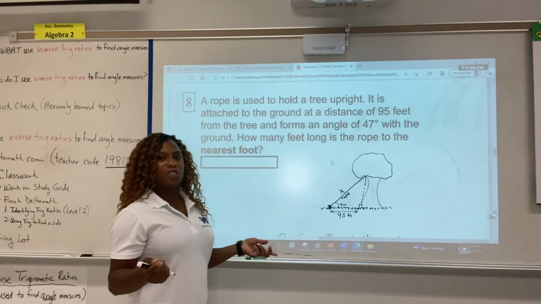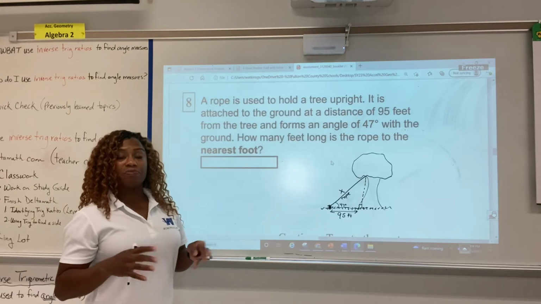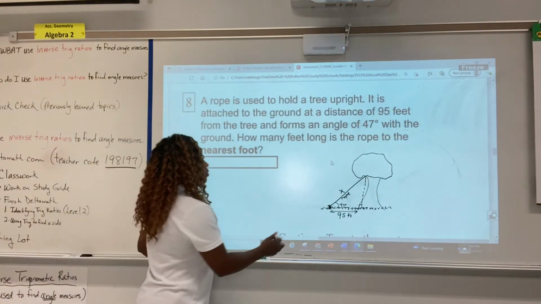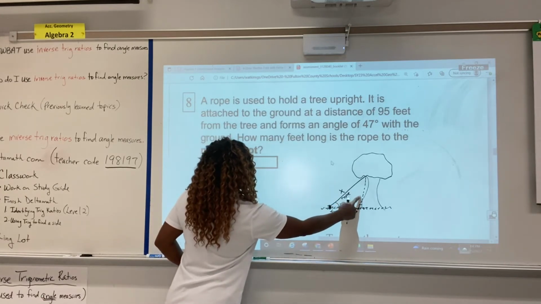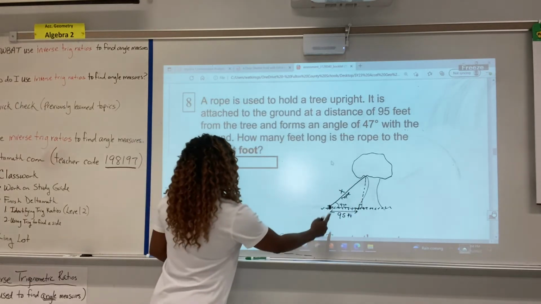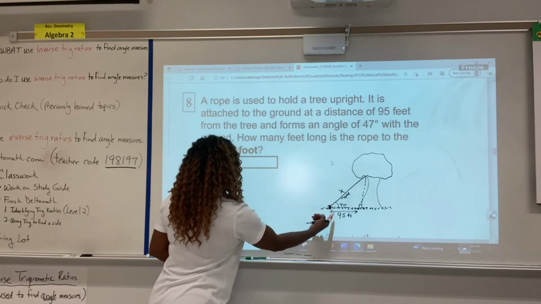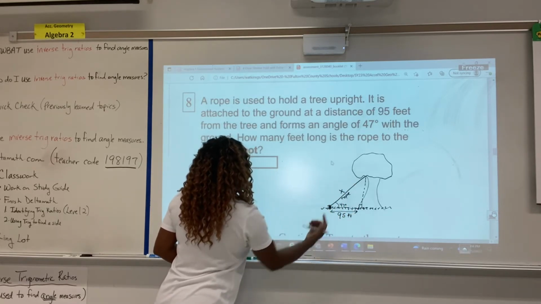The first thing we need to do is take a look at that angle and figure out what information we are given, because we need to know which of the 3 trigonometric ratios we're using. Well, from this angle, if I look directly across, which is opposite, I don't have any opposite. But I do have a hypotenuse. You see the diagonal here? I've got a hypotenuse, and I have a side that's adjacent to this 47 degree angle.